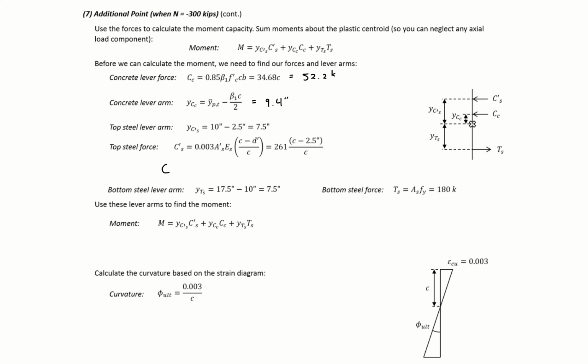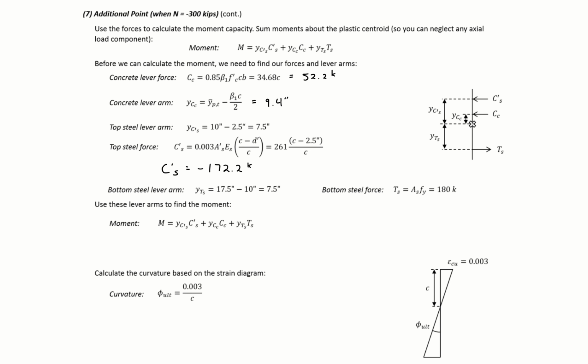So plugging in our C of 1.51 is going to give us a compression steel force component of negative 172.2. We can see it's negative, so it's actually going to be a tension force. But we'll plug it in with our negative sign, and it'll kind of take care of itself.